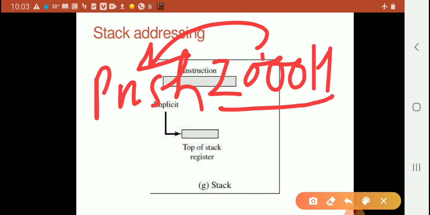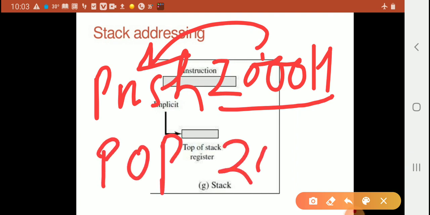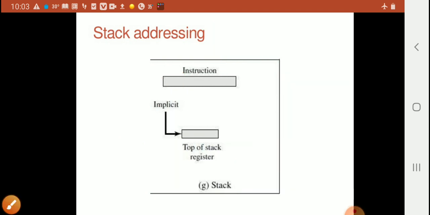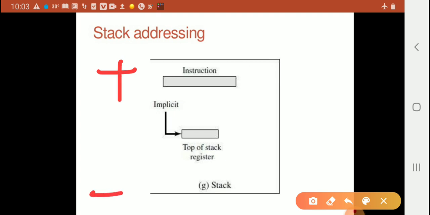And another example, POP 2000H data. That means the 2000H data is executed by the pop operation. Inserting and deletion mean addition and subtraction, like positive and negative. Same work for stack addressing.